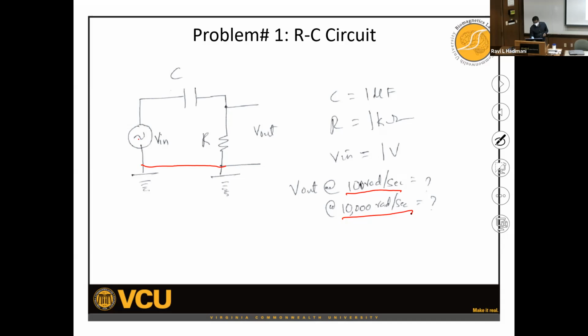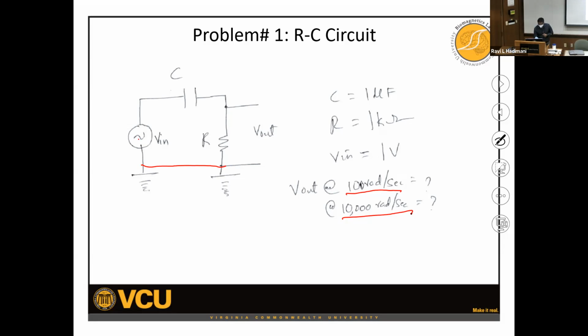To go from radians per second to frequency, you divide by 2 pi. If you divide 100 by 6.2, it's about 18 hertz, or 180 hertz. So at these two frequencies, these are given.